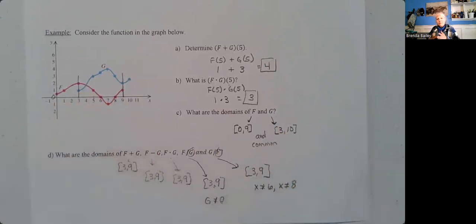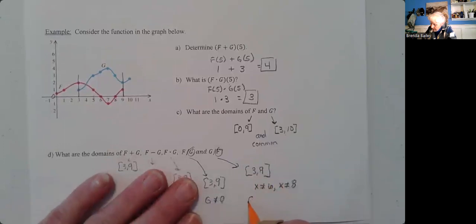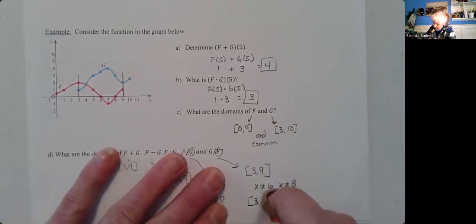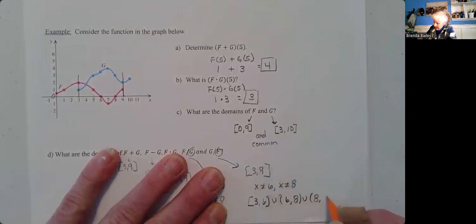Now, how might Pearson want it, because the 6 and the 8 are in this interval. So you could do 3 to 6, unioned with, not a bracket, it's got to be a parentheses. We cannot include the 6. Unioned with 6 to 8, unioned with 8 to 9.